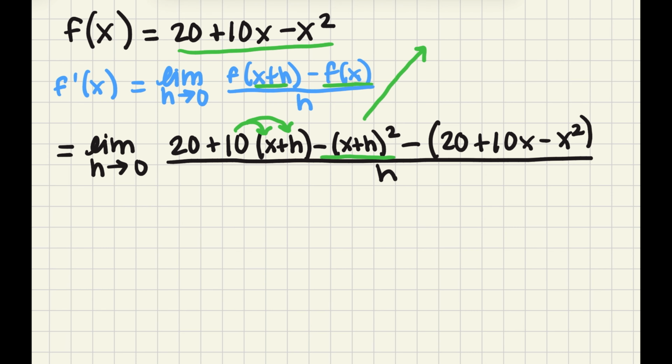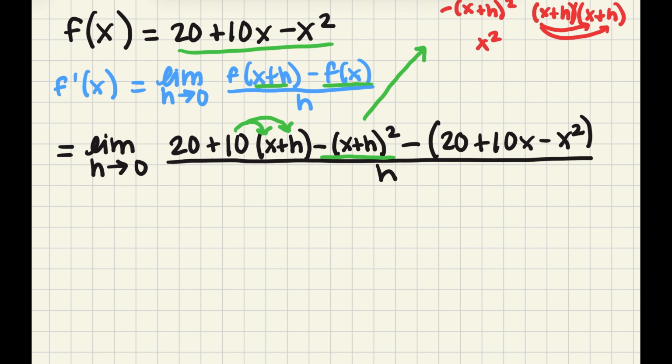This is how you would do this one. So we start with x plus h squared. And again, let's ignore the negative for now, but you're just doing x plus h times x plus h. That's all you're really doing. So if you distribute the x right here, this will give you x squared, this will give you xh.